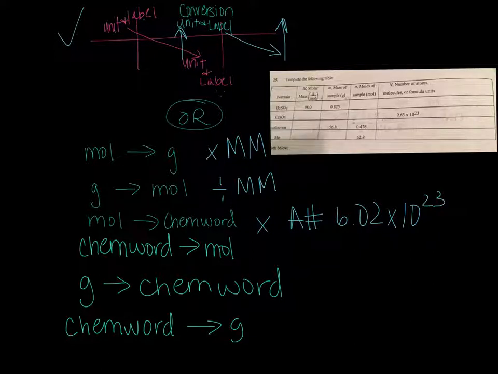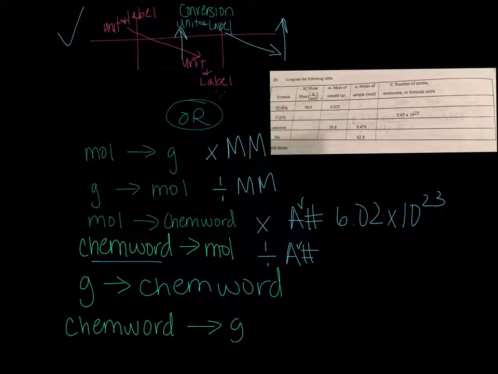If you're going from a chemistry word down to a mole, you're going to divide by Avogadro's number, okay? I should put a little v so you don't think it's atomic number. And by the way, real quick, what I mean by chemistry word would be atoms, molecules, formula units, anything that is not mass or moles, okay?